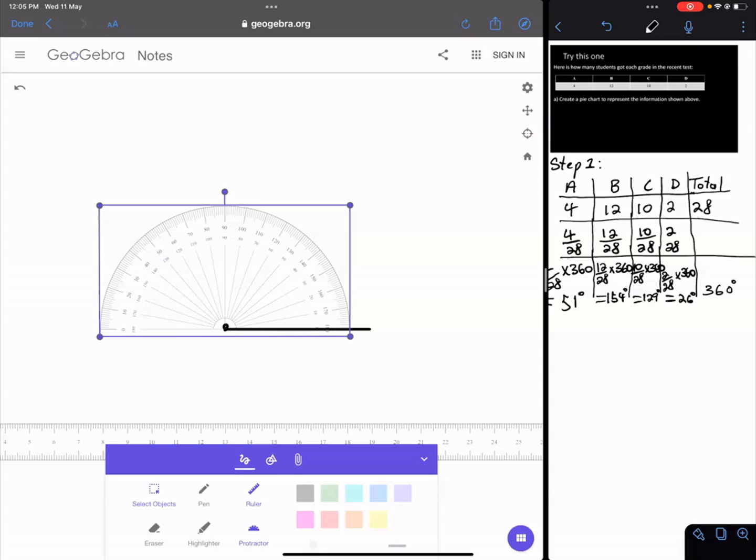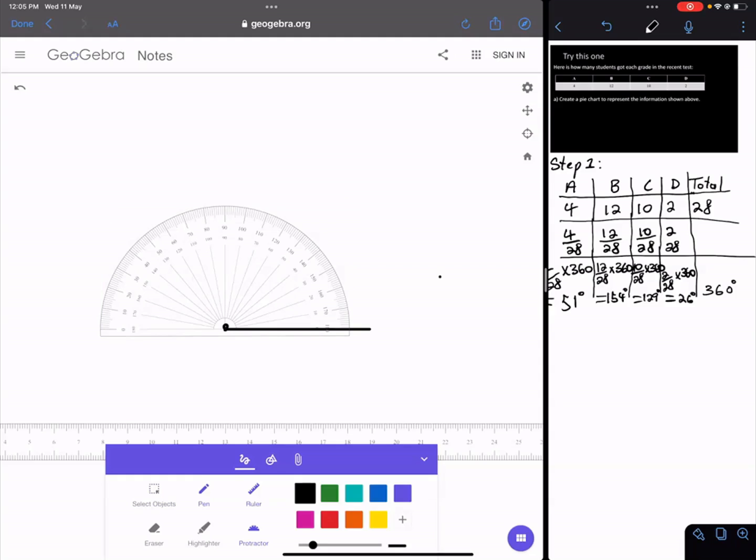Starting from 0, from the straight line, we're going to count up until we reach 51. So we have 50 right here, and then we're going to put 51 right there.